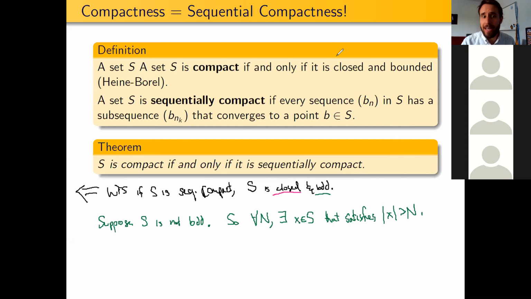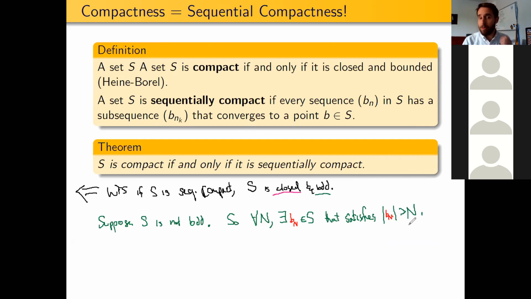And we're going to use that idea to construct our sequence, which will break the idea of sequential compactness. So for all n, there exists this x. Let's go ahead and give that x value a name. Let's call it B sub capital N. Right?